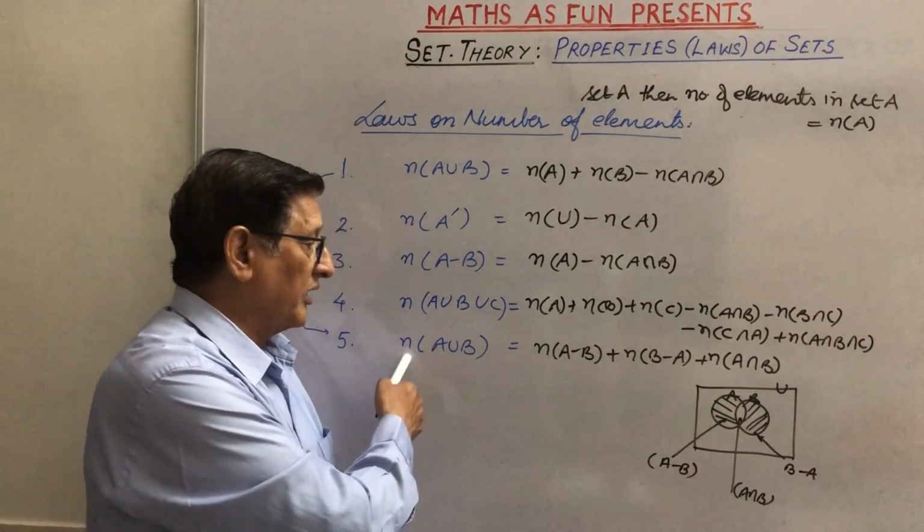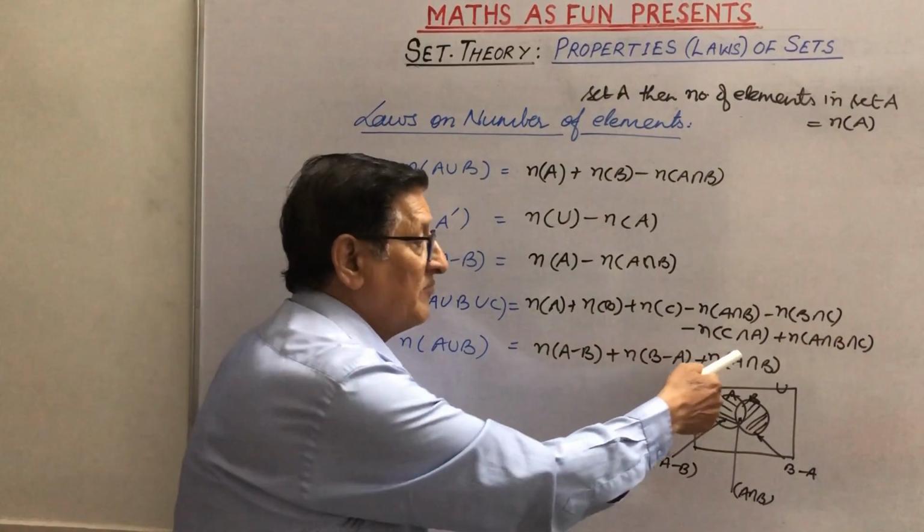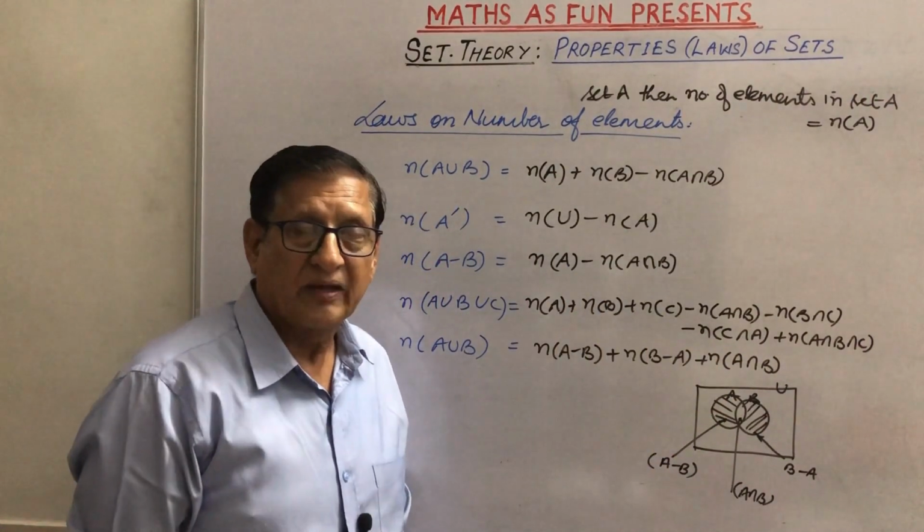So we can also write n(A union B) as n(A minus B) plus n(B minus A) plus n(A intersection B).